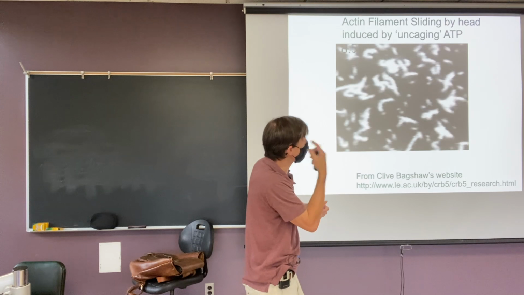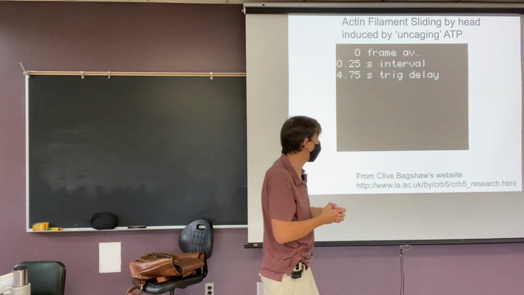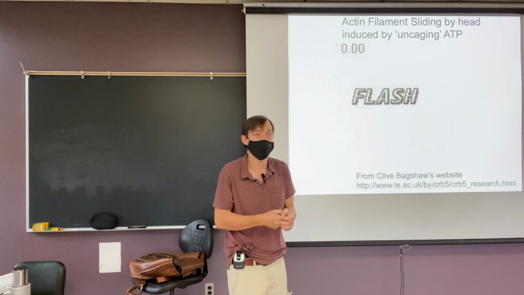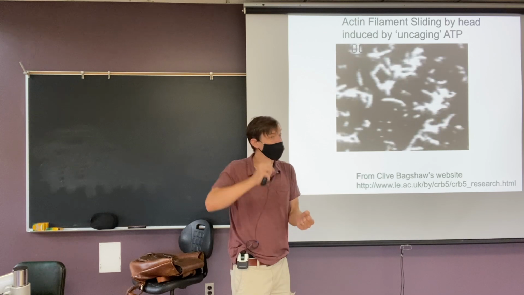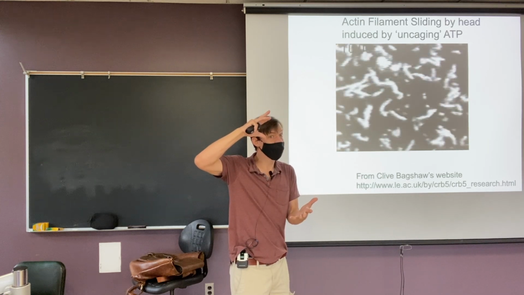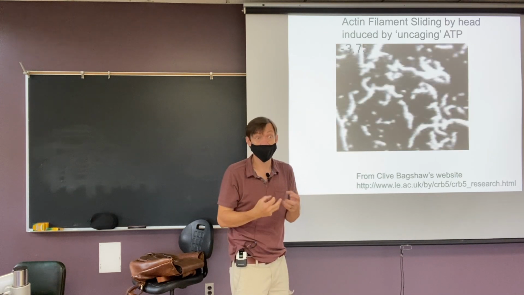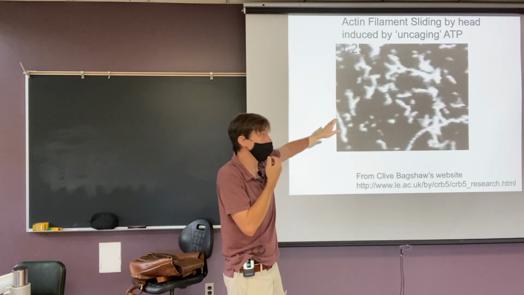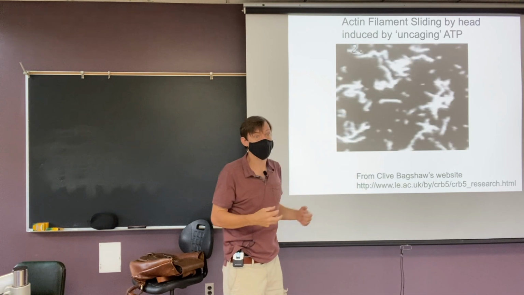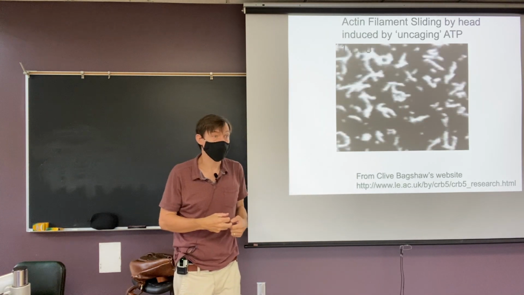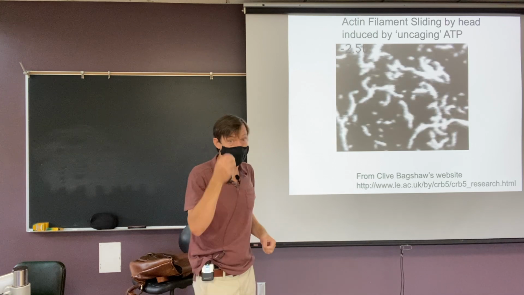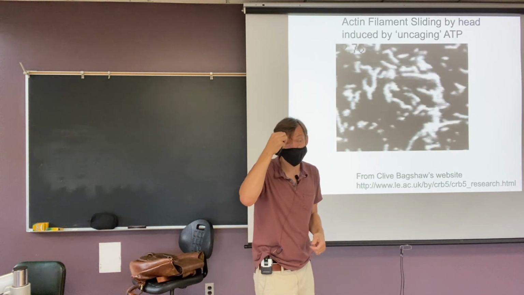So this is what this uncaged ATP is all about. You just add the drug, flash in a light of a certain wavelength, it activates the drug, and you can see what is the immediate effect of having this drug. So I'll just pause for a second and ask if there are any questions on this.